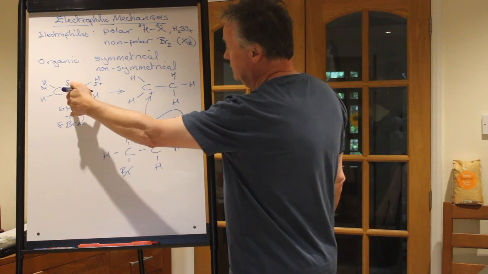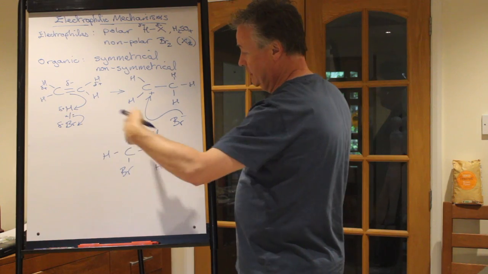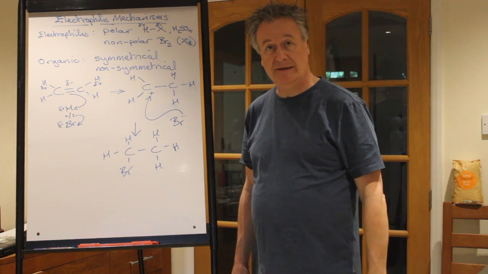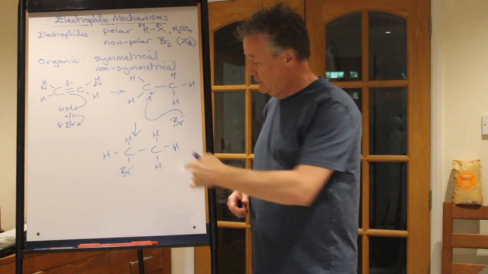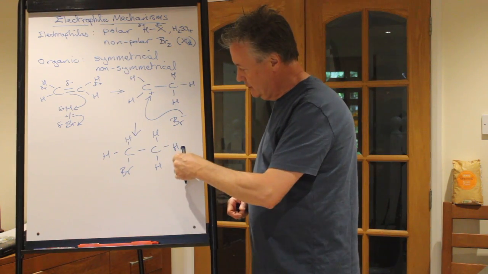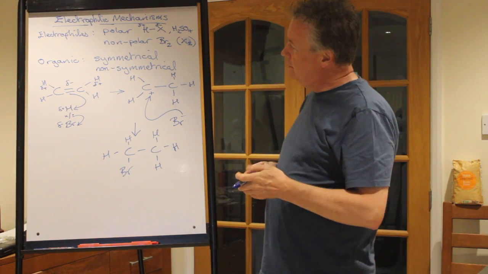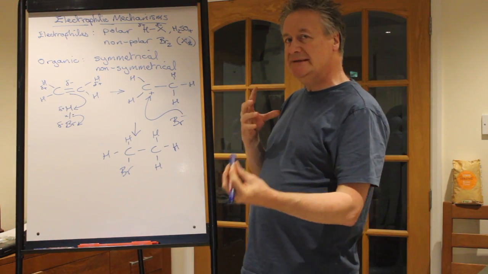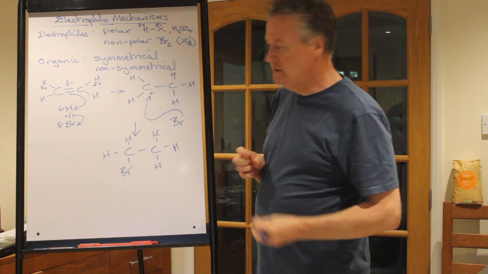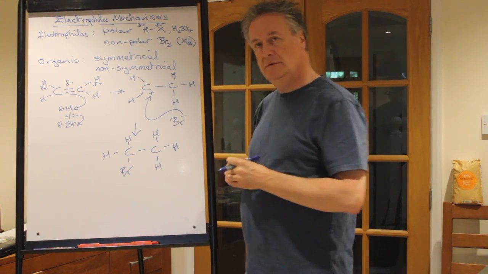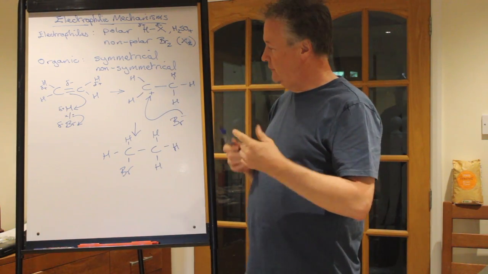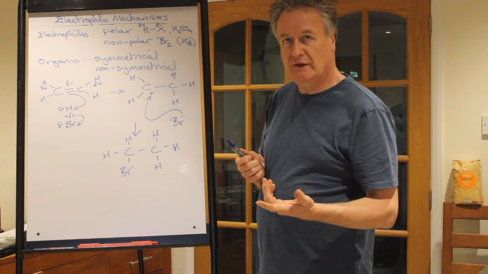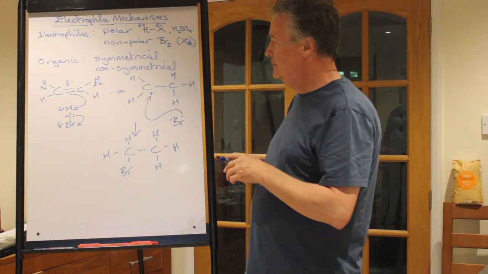So the reaction is ethene plus HBr forms bromoethane. Only one product, because addition reactions only have one product. So that's an example of a symmetrical one. In a symmetrical one, it doesn't matter which side you put the plus, because the product will come out the same in both cases.